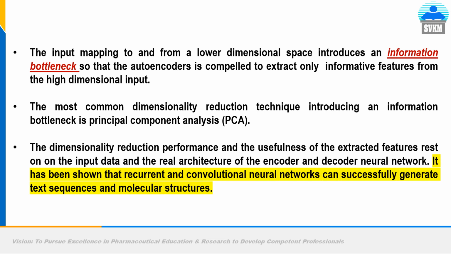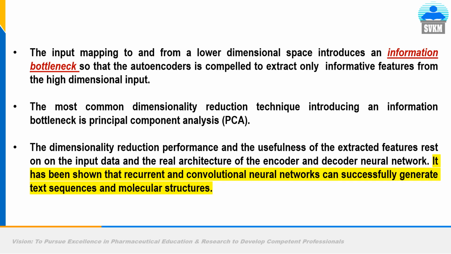So the input mapping to and from a lower dimensional space introduces a bottleneck, so that the autoencoder is compelled to learn to take only those features which are important for defining those inputs. The most common dimensionality reduction technique introducing an information bottleneck is principal component analysis.